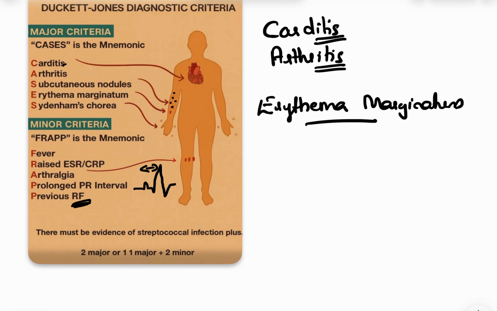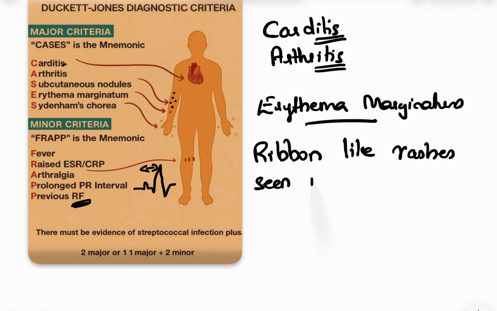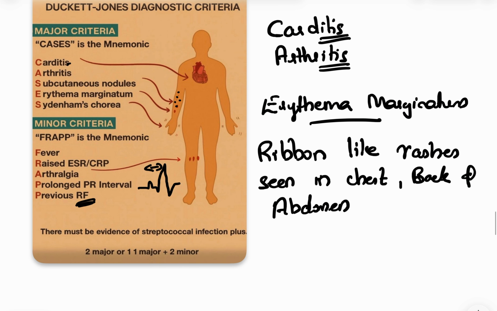What is it? Erythema marginatum is ribbon-like rashes seen on the chest, back, and abdomen. So remember, if a patient has ribbon-like rashes, erythema is always like a ribbon. If the patient has ribbon-like rashes on the chest, abdomen, or back, the patient has erythema marginatum.